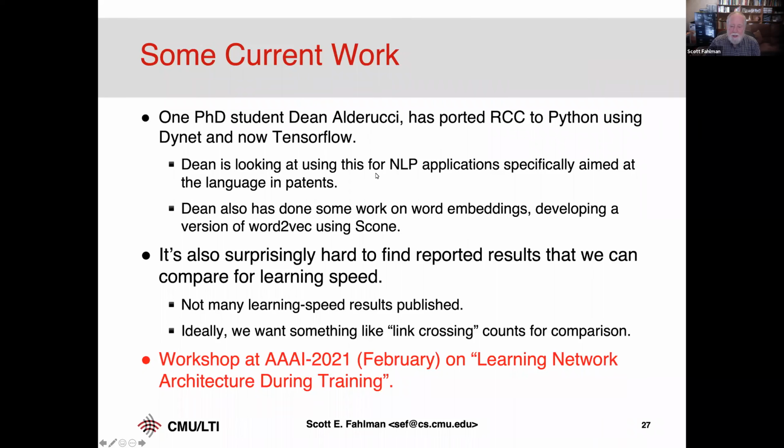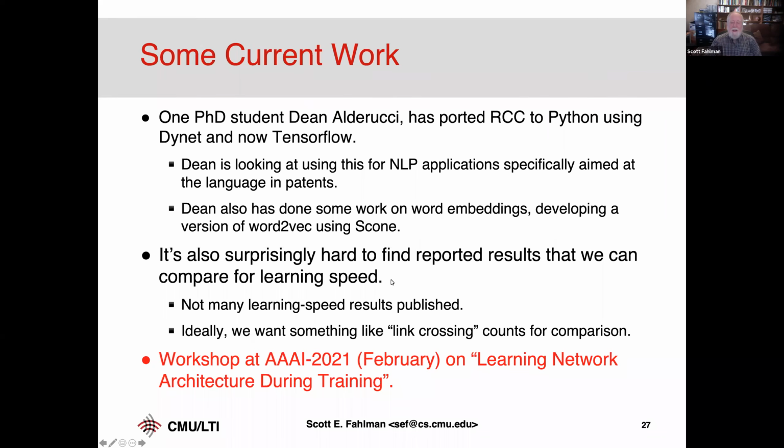He's looking at using this kind of approach for natural language processing applications, specifically aimed at the strange kind of mangled English that you find in patents. In a previous life, he was a patent attorney, and a damn good one. And he's trying to use natural language processing techniques to figure out patents. And he's looking at recurrent cascade correlation as part of that portfolio.